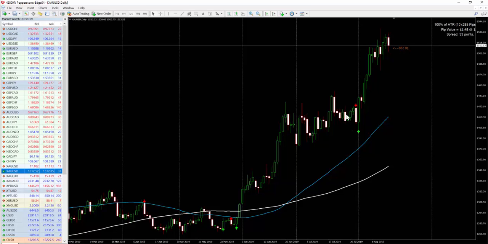You know, this small movement here took my position out because the pip value of the gold and silver is too big. It's $1.48 for 1 pip.